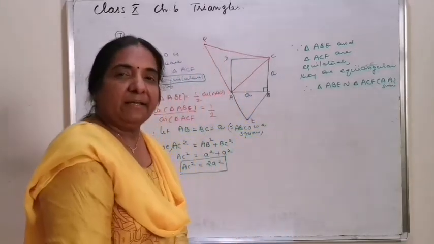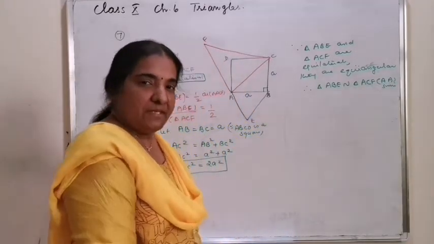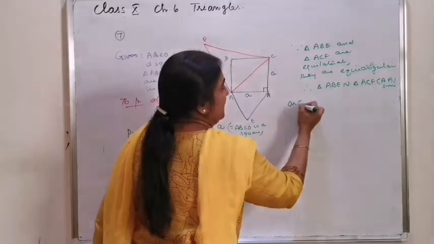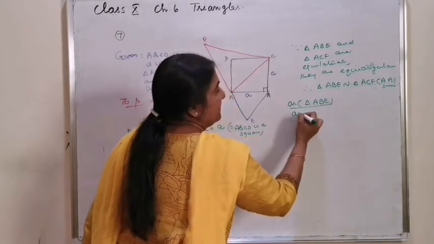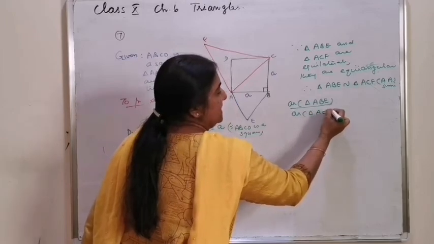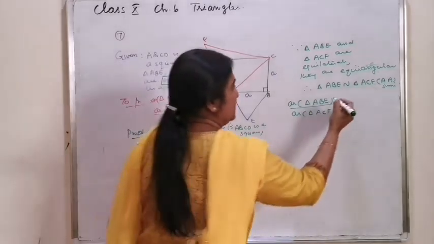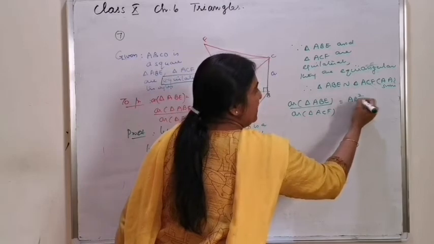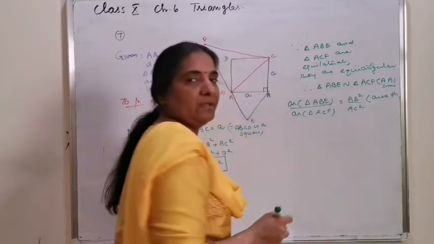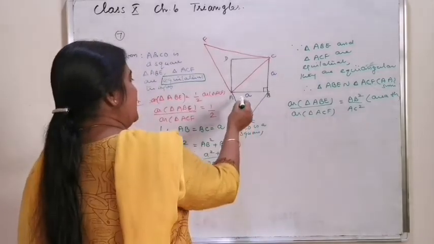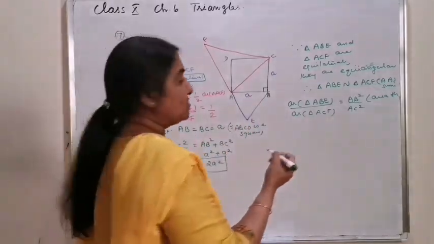Now can we apply area theorem? Yes. Area of triangle ABE divided by area of triangle ACF is equal to AB square by AC square by area theorem. If AB is A, what is AB square?